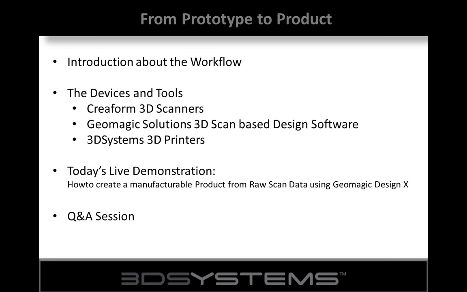We will have a look at the devices and tools such as Creaform 3D scanners, the Geomagic Solutions 3D scan-based design software, and 3D Systems 3D printers. And today's live demonstration is about how to create a manufacturable product from raw scan data using Geomagic Design X. And at the end we will have a Q&A session.